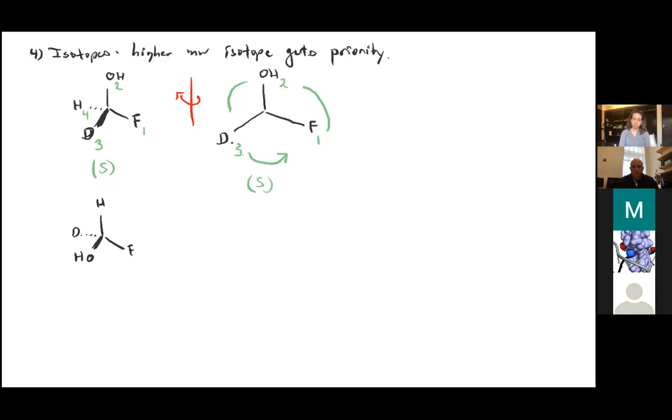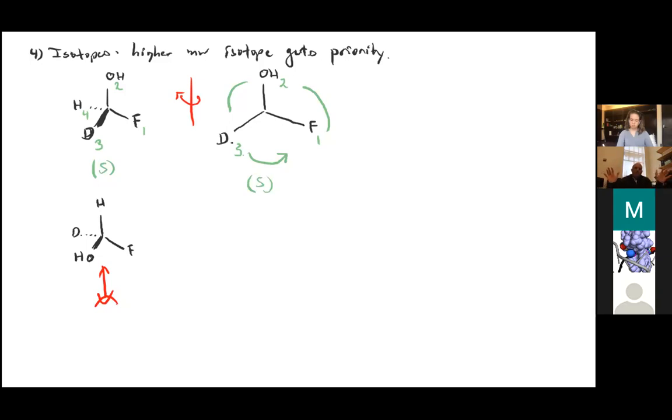It's the same absolute configuration. So this is also the S enantiomer. But to get this properly oriented, I need to look down that bond. And so I need to flip the molecule up. So you need to pay attention to where that substituent is in the way that it's drawn and make sure that you rotate the molecule to the Newman projection in the appropriate way. Okay. All right.